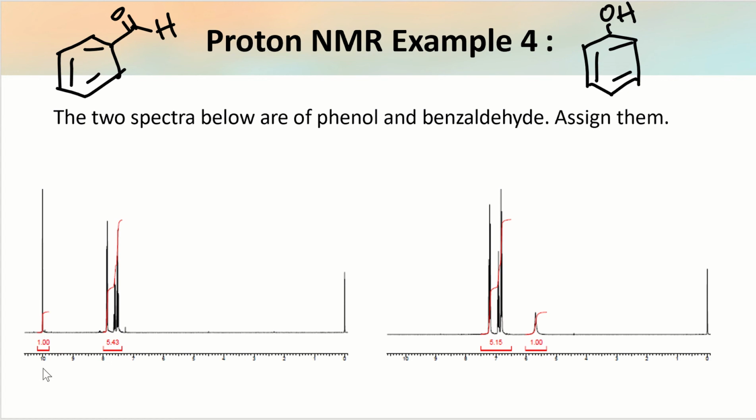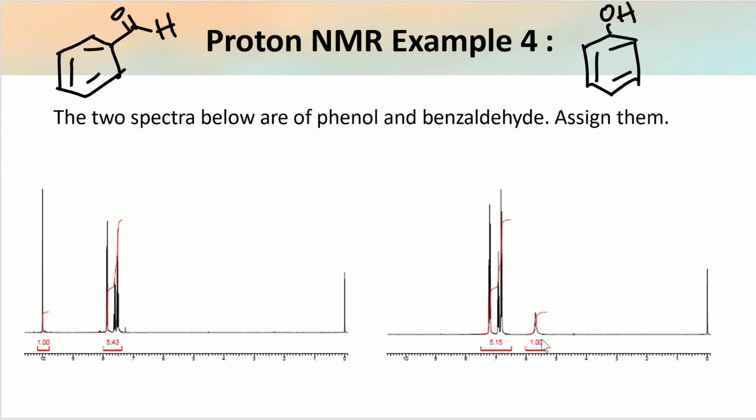So if you checked your chart, then you probably would have guessed that this is your benzaldehyde, based on how the peak looks, the shape, it's sharp, as well as the fact that it occurs in the 9 to 10 region. While, as we know, the hydroxyl peak kind of varies, but it's more of a broad singlet type of spectrum.